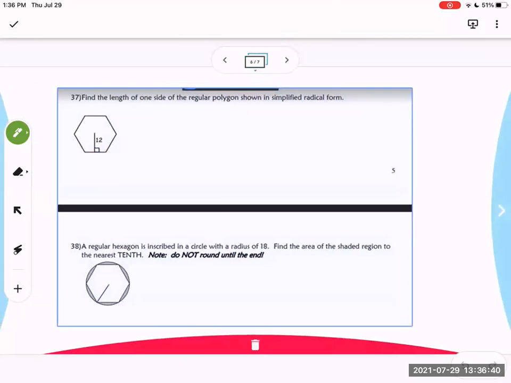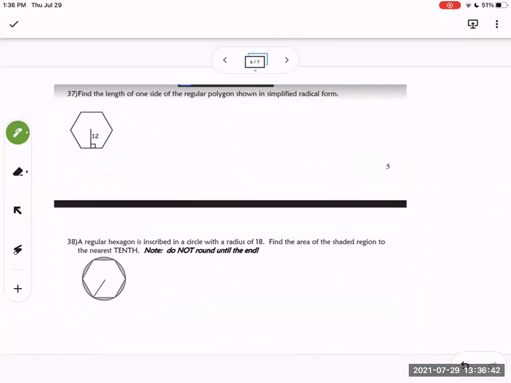Next question says, find the length of one side of the regular polygon shown in simplified radical form. Okay. So we know it's a regular polygon, so we know that all of these angles are the same. And so we're basically trying to find this length right here.